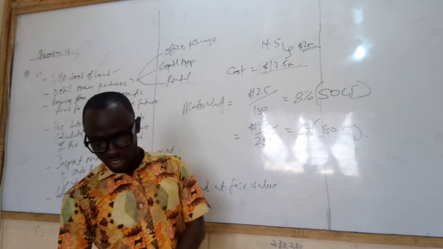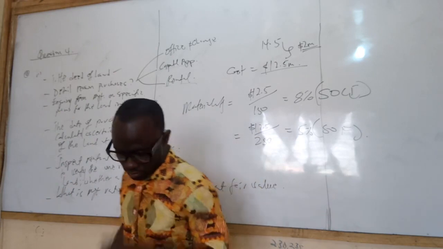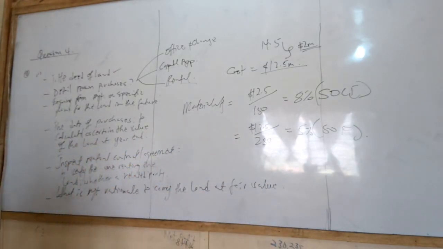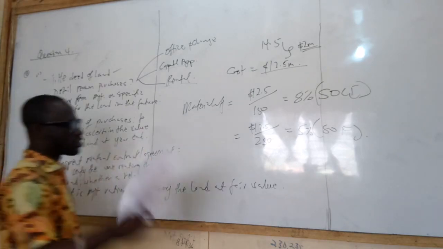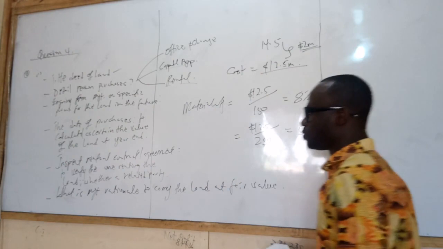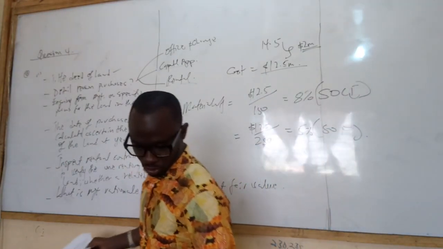So we need to find out what is the rationale of management to carry the land at fair value, because when the land is carried at fair value, it will increase the profitability of the company as well and increase the financial position of the company. So we need to find out.